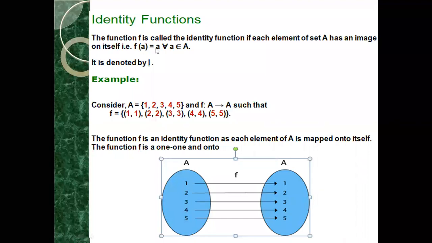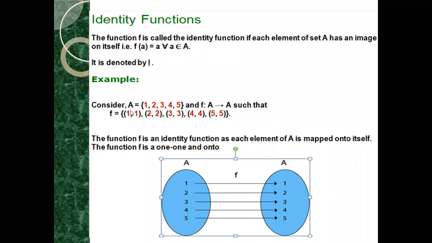So the function in which each element of set A has an image on itself is called the identity function. It is denoted by I. So f of A is equal to A for all A belonging to A.